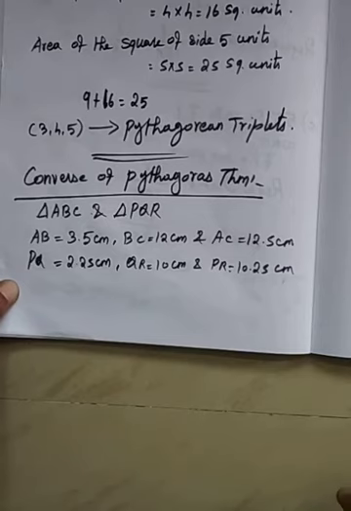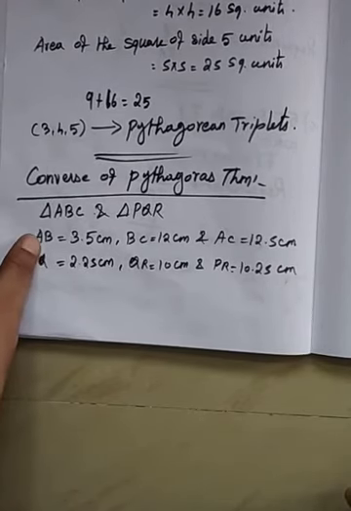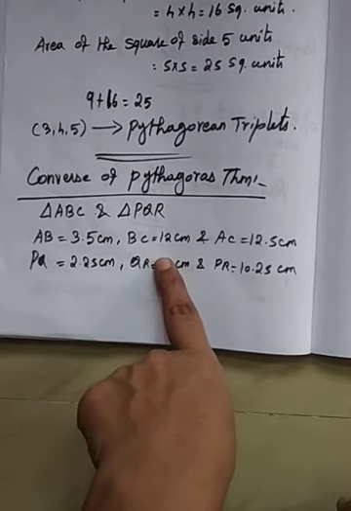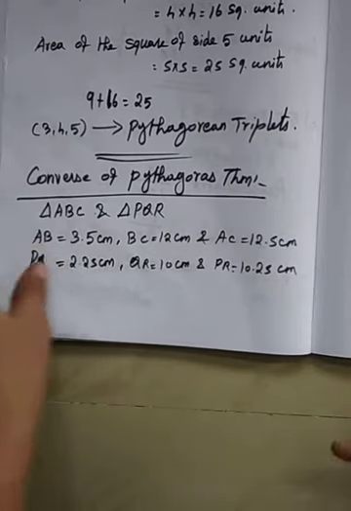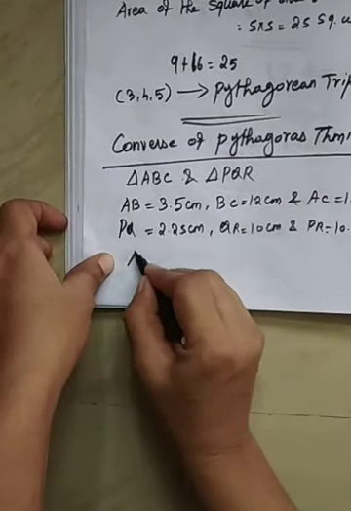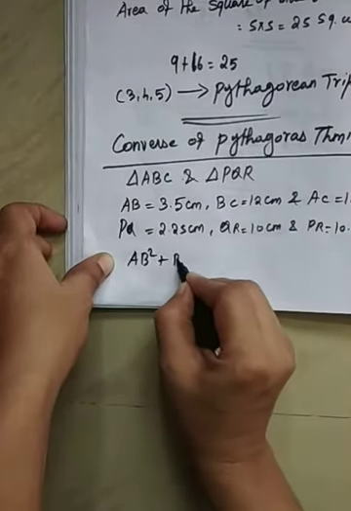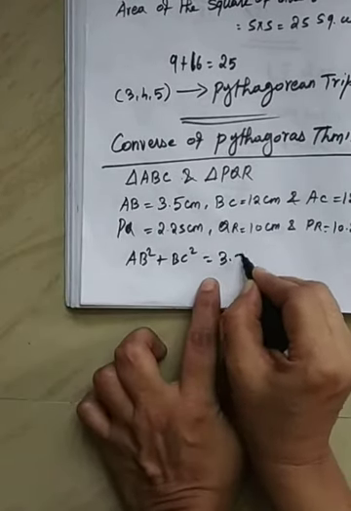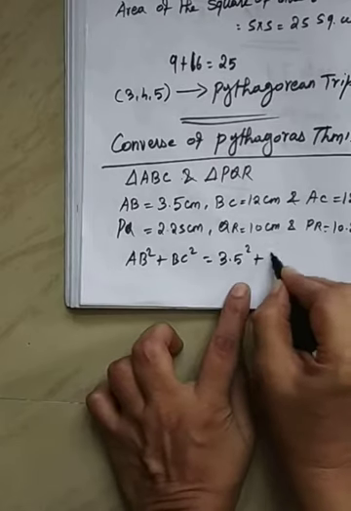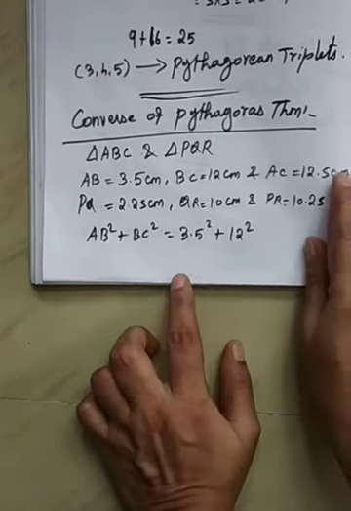Now we will check whether AB squared plus BC squared equals AC squared. AB squared means 3.5 squared, BC squared means 12 squared.